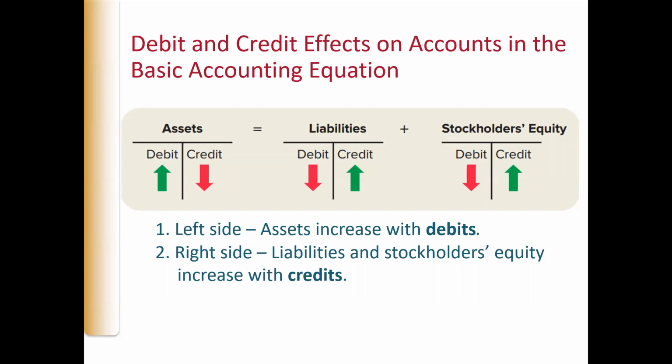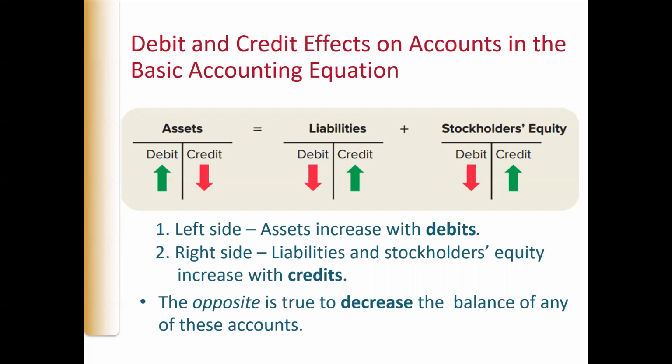Remember, debits mean left, credits mean right. Since assets are on the left side of the equation, they increase with debits, they decrease with credits. Since liabilities and stockholders' equity are on the right side of the equation, they increase with credits and decrease with debits.